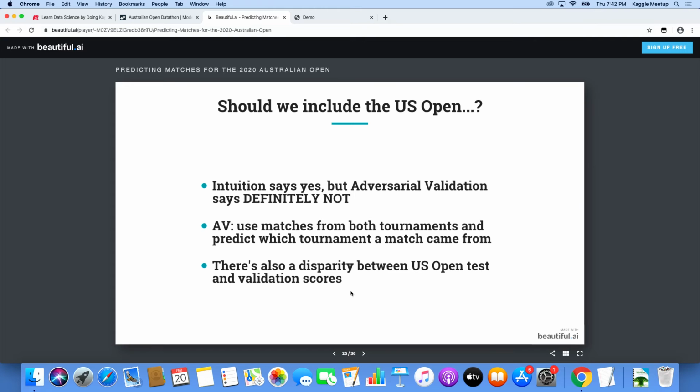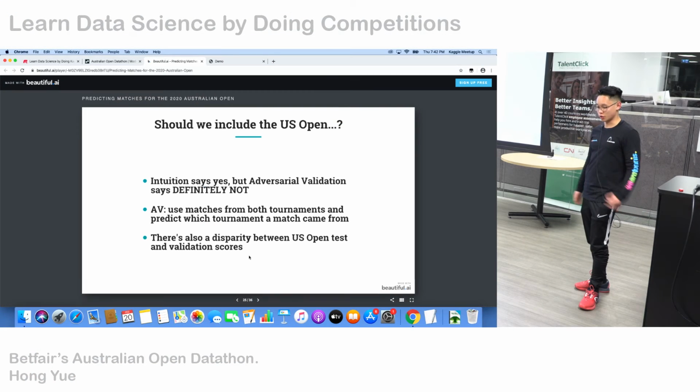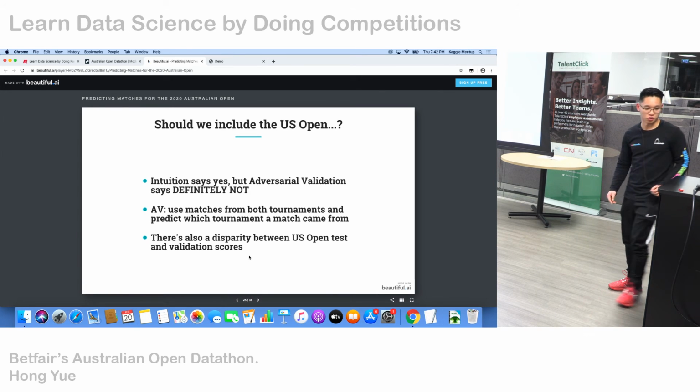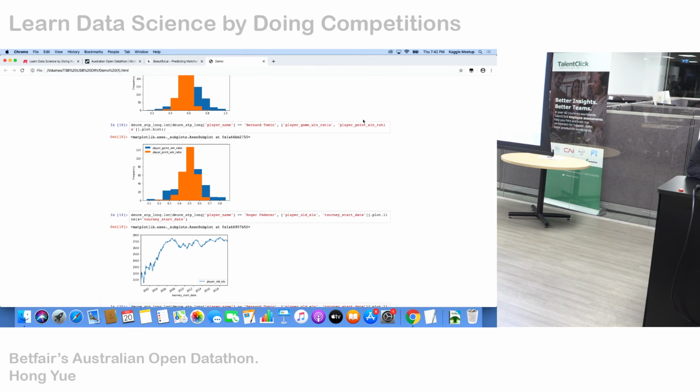Essentially, instead of predicting who's going to win, you include the US and Australian Open tournaments, and then you have a separate outcome, an indicator function as to whether a particular match came from the Australian Open or the US Open. So if you can accurately distinguish between the US and Australian Open based on the feature sets, then you probably don't want to be including both if you're only predicting on the Australian Open.